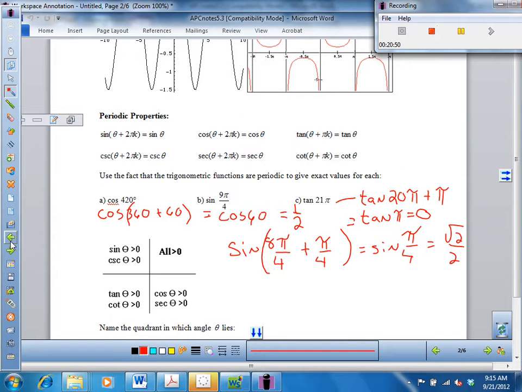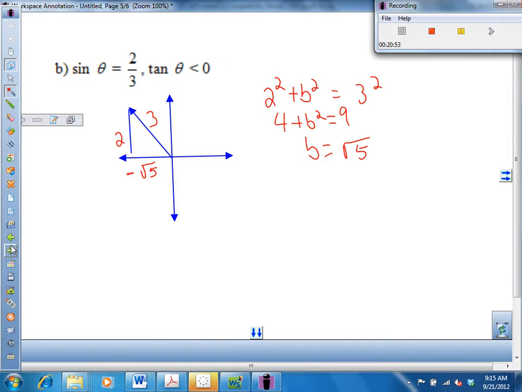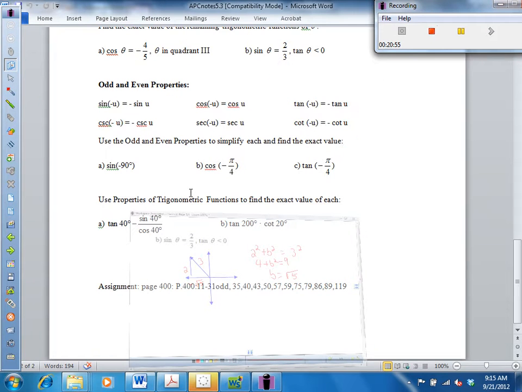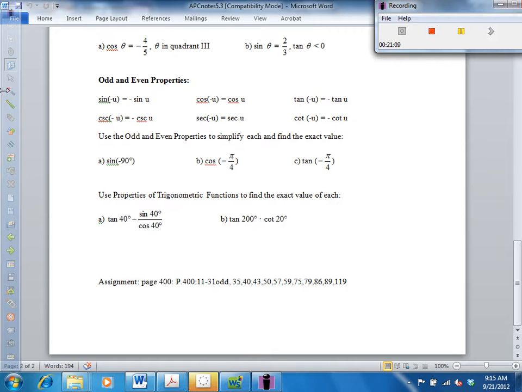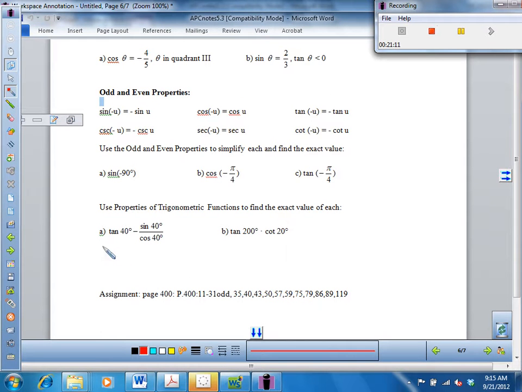Let's just look at our original table, okay? So, going back to here, you see that sine over cosine, if those are both the same angles, is equal to the tangent of that angle. So the way I do this one down here, okay, is I'm going to rewrite this as the tangent of 40 minus the tangent of 40. What is the tangent of 40 minus the tangent of 40? 0, okay? And that's the answer.